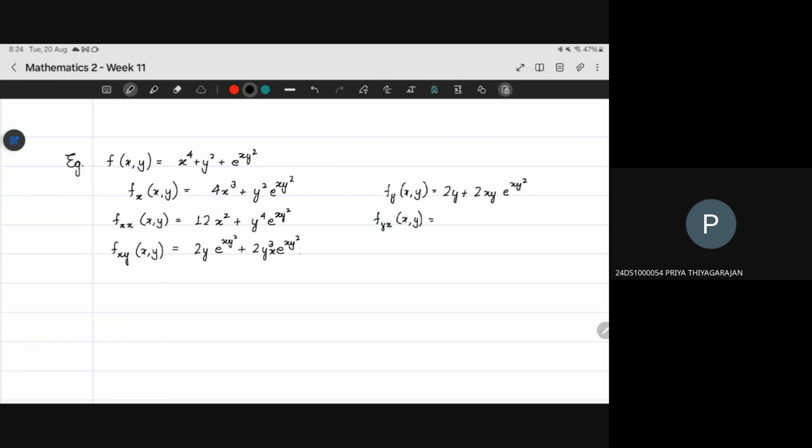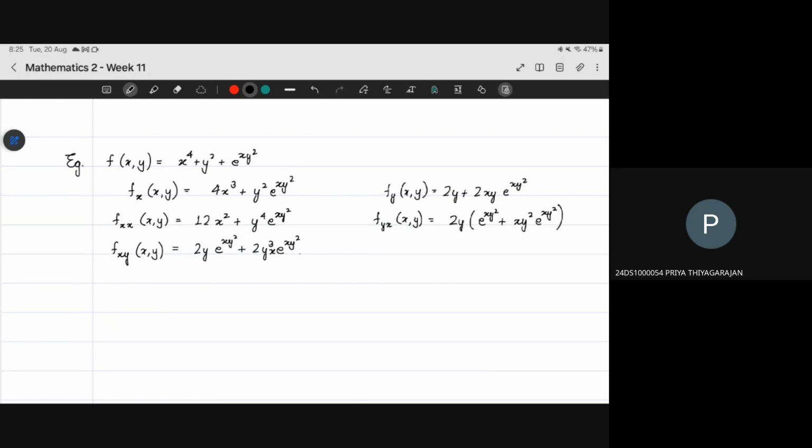And for the second order derivatives which begin with the differentiation with respect to y, we have the following. We'll have this first term is constant, so I'll just take y times e to the xy squared plus xy squared. Something like this, I believe.